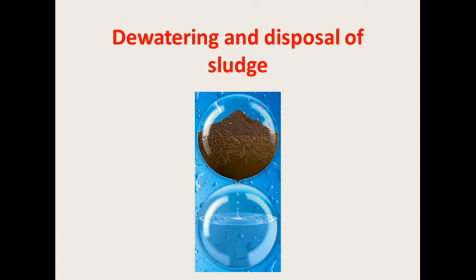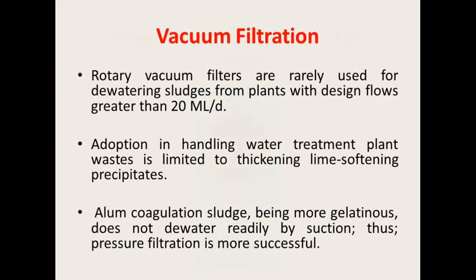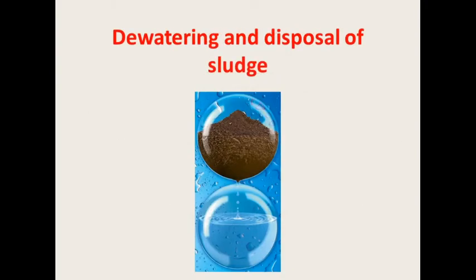Finally, this digested sludge is dewatered, and the dewatered sludge is finally disposed of by various treatments. So these are all operations carried out with anaerobic sludge digestion. The next process is called sludge conditioning, or you can say sludge thickening or sludge stabilization.